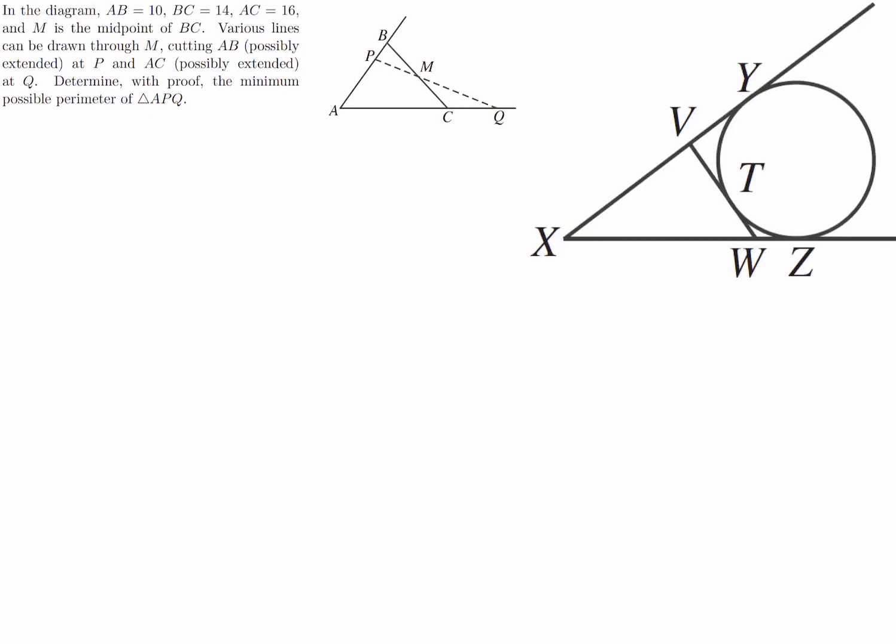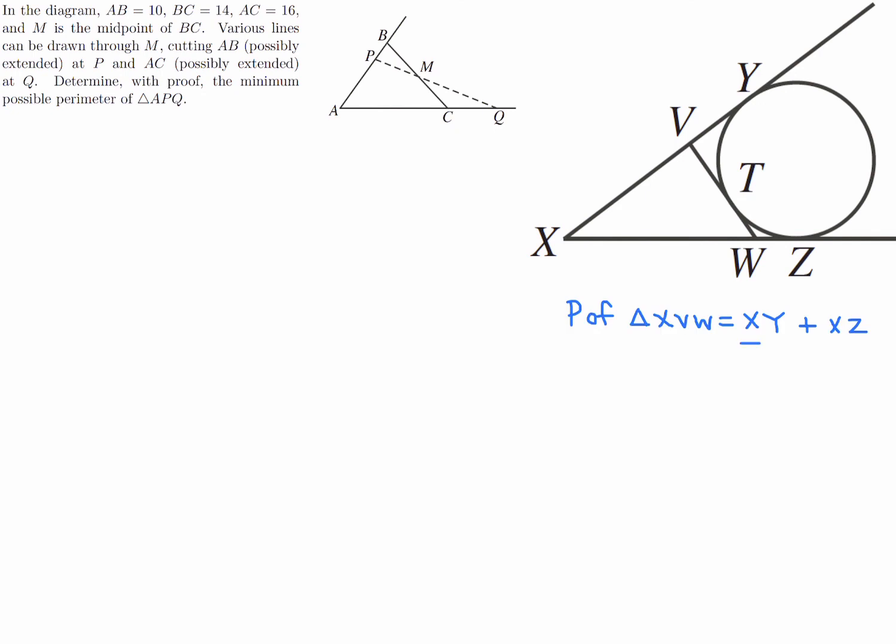What I would like to do is use the previous question. Usually part B follows part A in the way that what we found out in part A will help us. So what did we find out in part A? Well, we just did it a few minutes ago. We found out that the perimeter of this particular triangle, XVW, is summarized as follows.